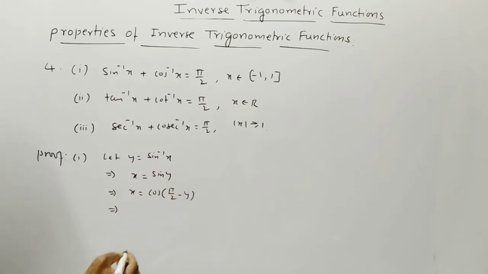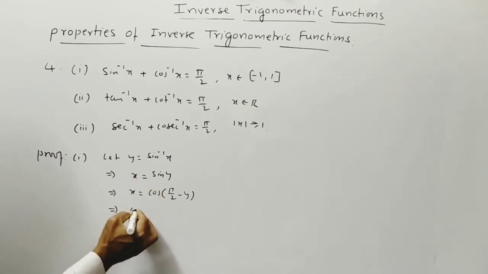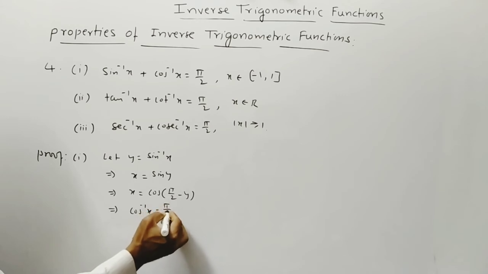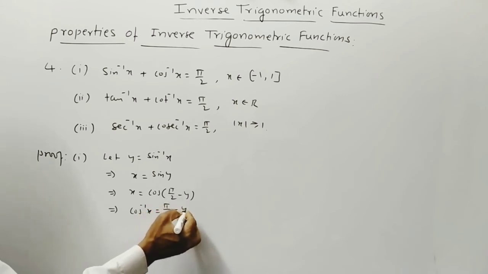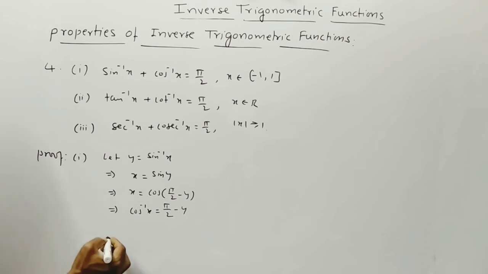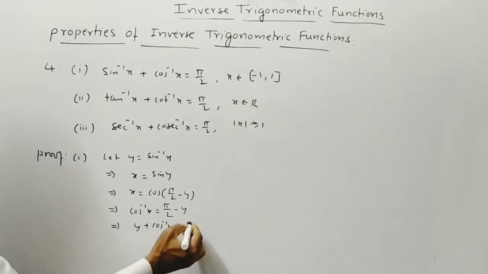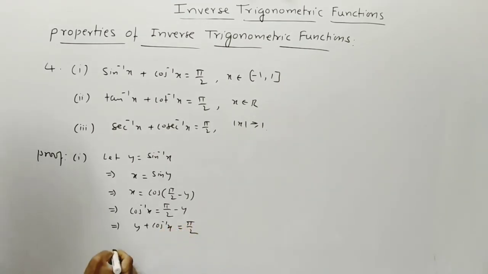This implies cos inverse of x is equal to pi by 2 minus y. This implies y plus cos inverse of x is equal to pi by 2.